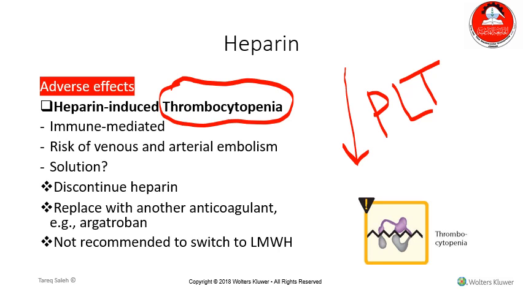So if heparin-induced thrombocytopenia starts causing generalized thromboembolism, you need to solve the problem. What we do is discontinue the use of heparin because it is the reason for this problem, but we have to replace heparin with another, preferably parenteral, anticoagulant, such as the drug argatroban, which we will discuss in a bit.